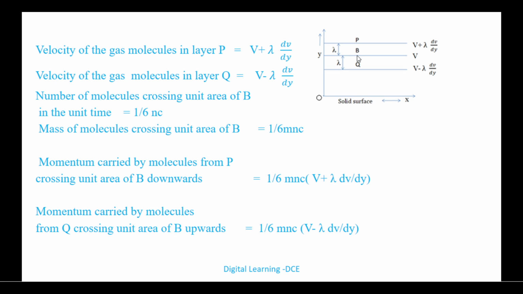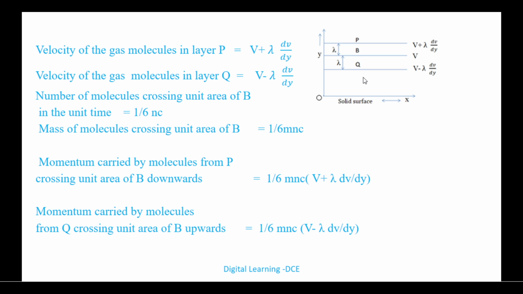First, let us find the velocity of the gas molecules in the layer P and then in the layer Q. Since the velocity of the gas molecules of layer B is V, the velocity of the gas molecules in the layer P is V plus lambda dV by dy.